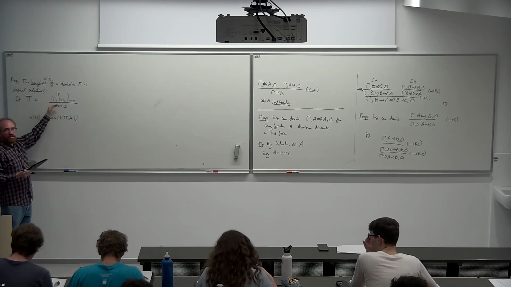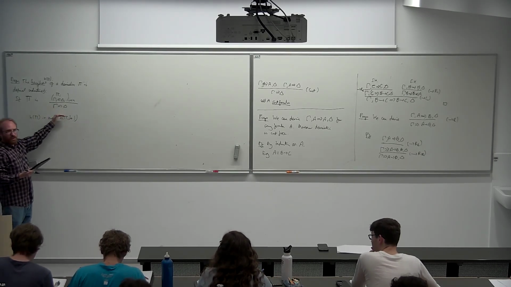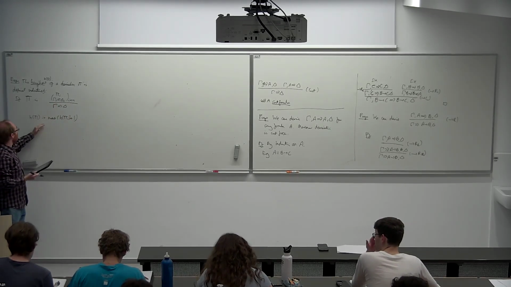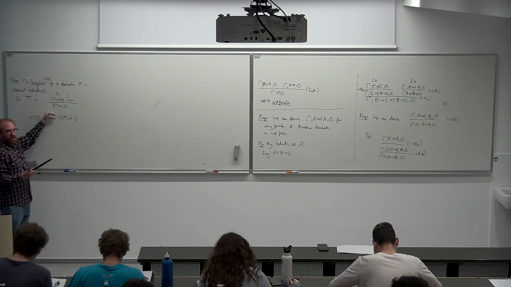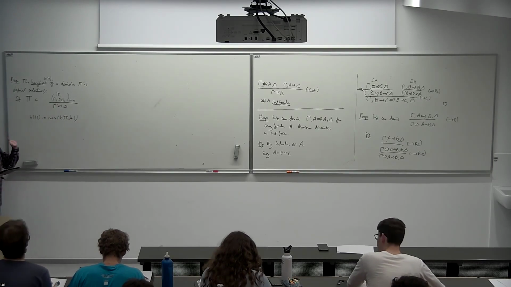So if it has any assumptions at all, it's going to be one higher than all of its sub-derivations. But if it has no hypotheses, then it has height zero. For example, identity would have height zero.